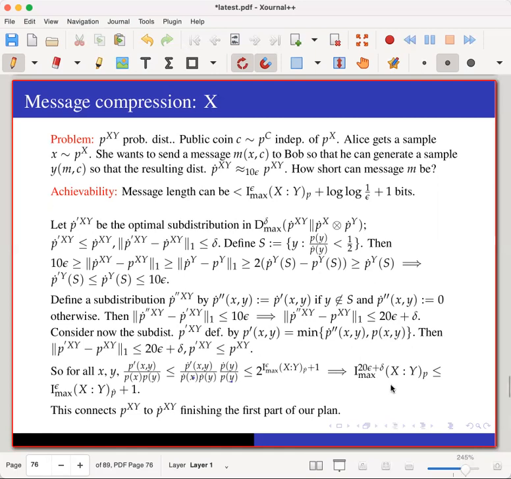Remember, the smoothing means I take the minimum. This is a candidate for the minimum. So this shows that if I smooth up to this level, this is less than the exponent I delta max of x colon y with respect to p dot. So this connects p to p dot and finishes the first part of our plan.